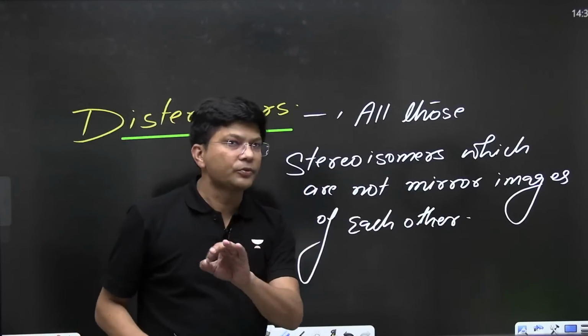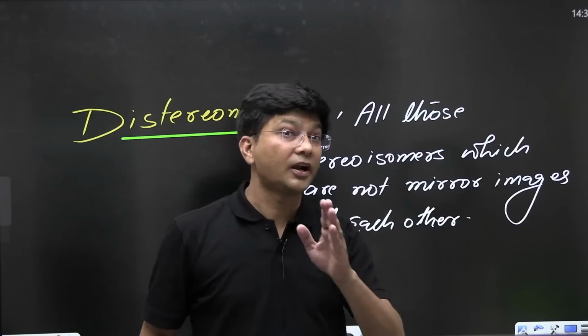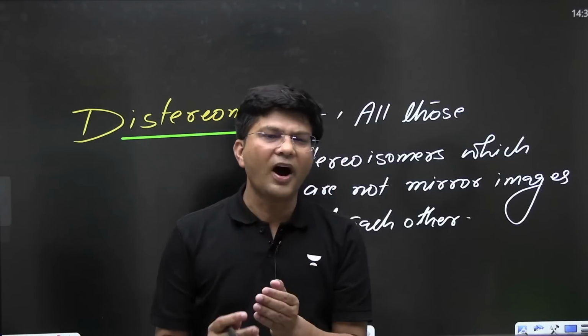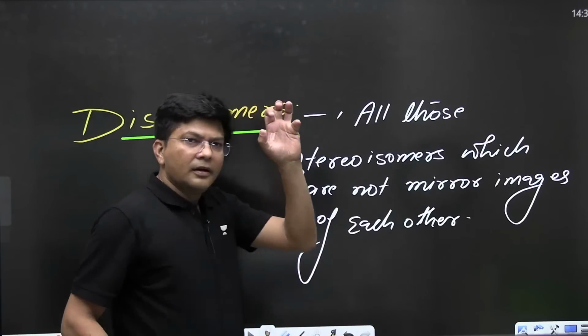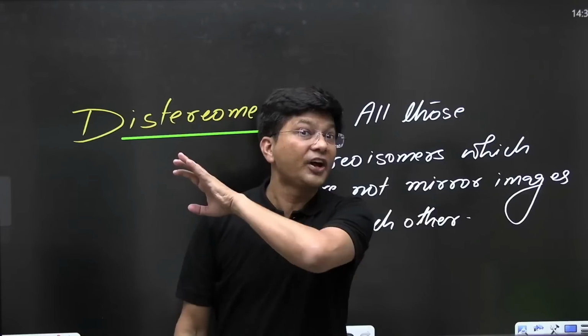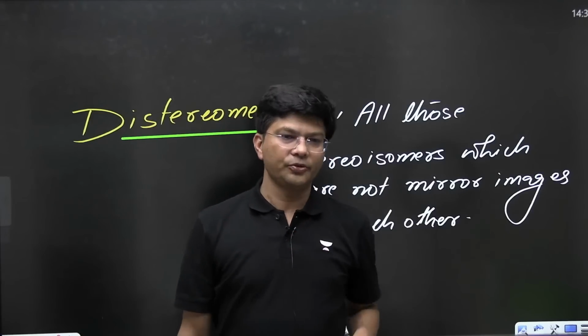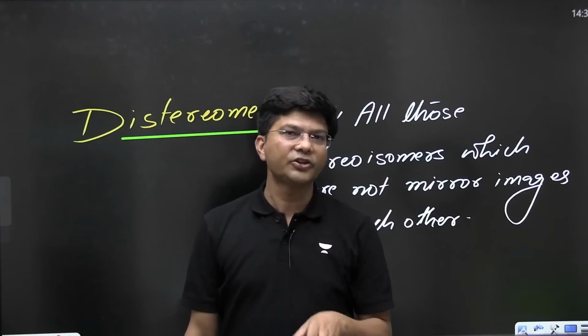All those stereoisomers which are not mirror images of each other are known as diastereomers, or simply I can say all those stereoisomers which are not enantiomers are diastereomers. Is this very much clear to all of you?